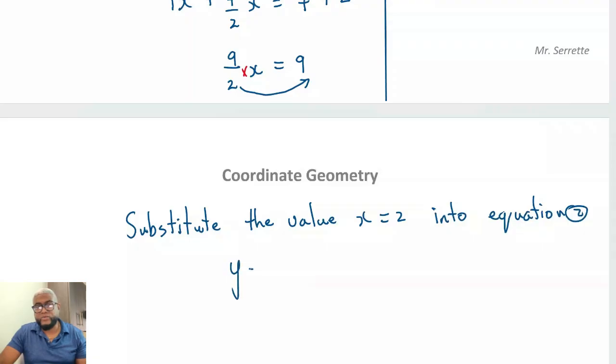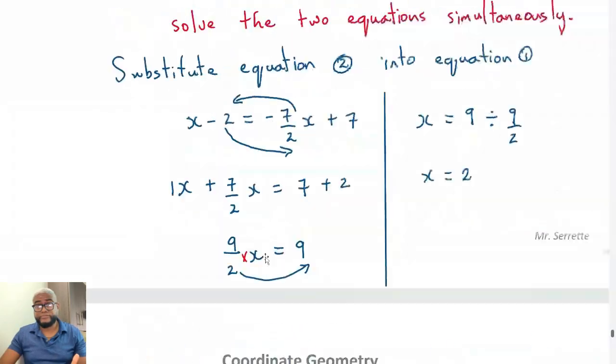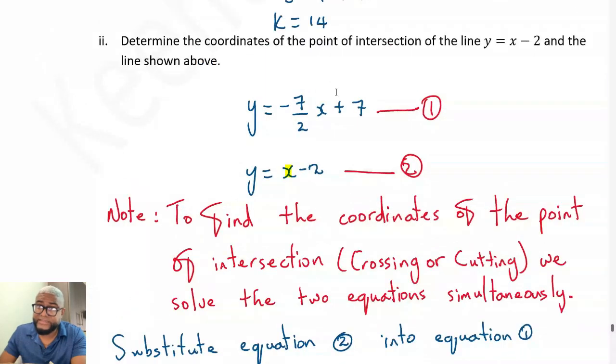So equation 2 was y is equal to x minus 2. So if x is 2, it'll be 2 minus 2. Y is equal to, which is 0.